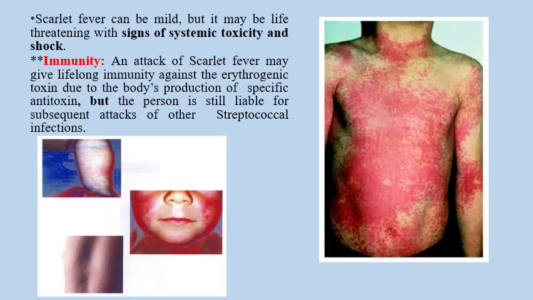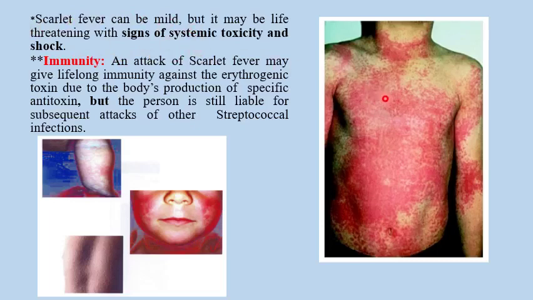لغاية كده we didn't see the effect of the toxic shock, the super antigenicity. The super antigenicity can occur بقى امتى تبان في severe cases. يبقى scarlet fever can be mild, but it may be life-threatening with signs of systemic toxicity and shock. بقى الكلمتين دول signs of systemic toxicity and shock describe the symptoms due to the super antigenicity of the toxin.